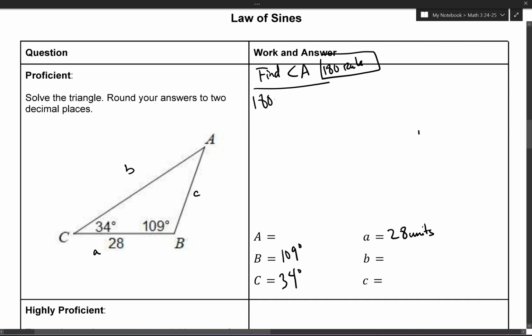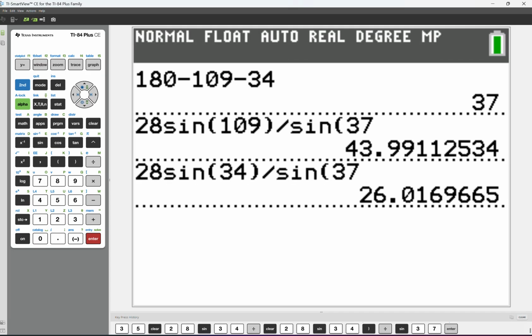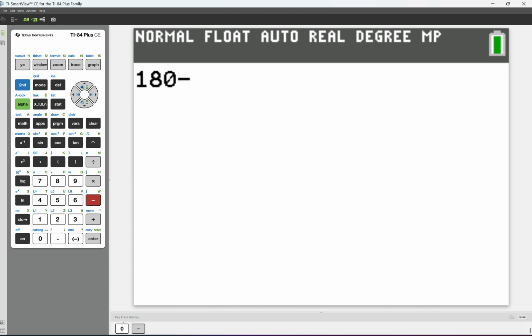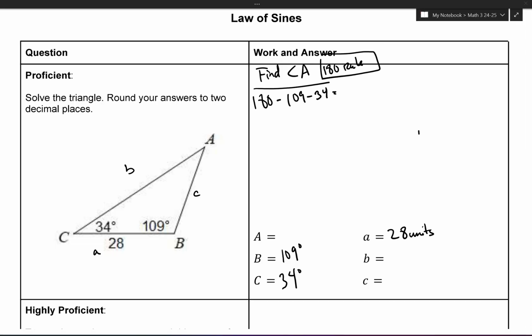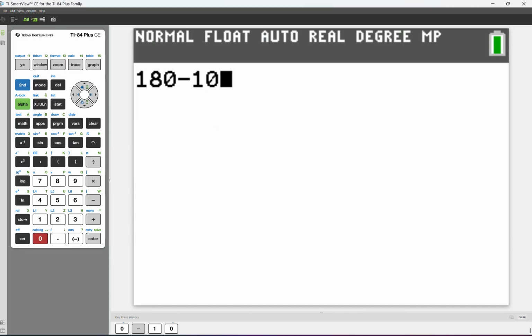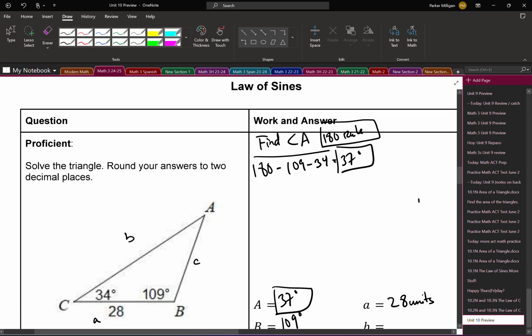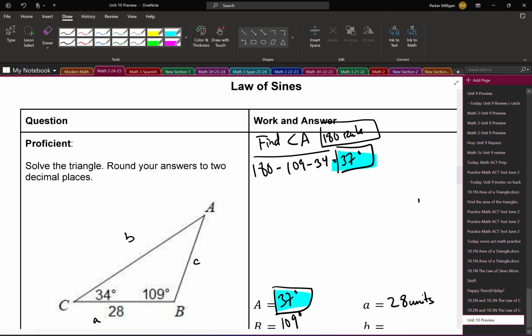So 180 minus 109 minus 34 equals, handy dandy calculator, 37 degrees. So we got 37 degrees. That is new information: angle A.